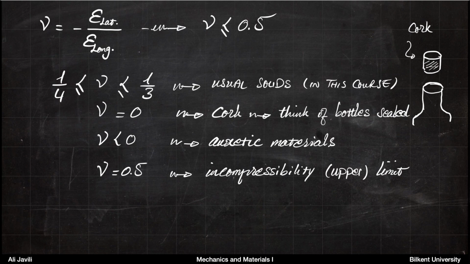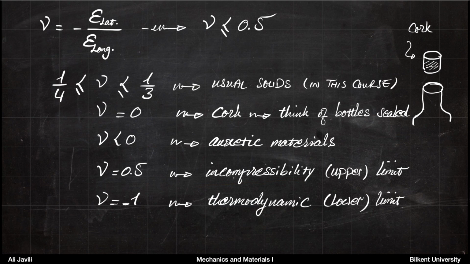Then the upper limit for Poisson's ratio is the so-called incompressibility limit, and that's 0.5. The lower limit for Poisson's ratio, however, is not the fully compressible one.